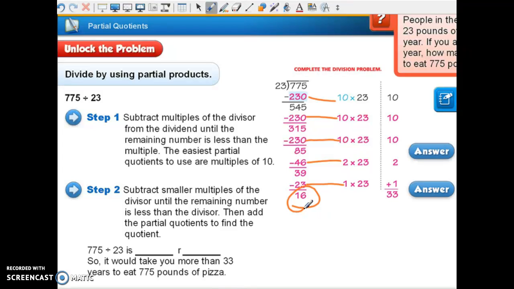So our answer then is what? What's our quotient? 33. Oh, 33, remainder 16. So it would take you more than 33 years to eat 775 pounds of pizza. Wow.